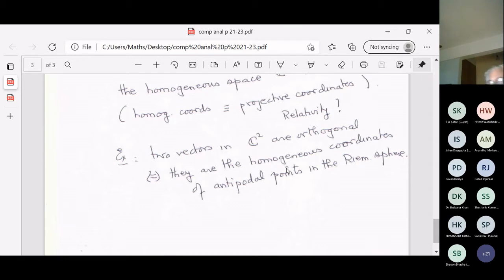Over the complex field, the inner product is what is called 1.5 times linear, sesquilinear. It means that it is linear in one variable and conjugate linear in the second variable. All of you have seen this in a Hilbert space: the inner product is linear in the first variable and conjugate linear in the second variable.